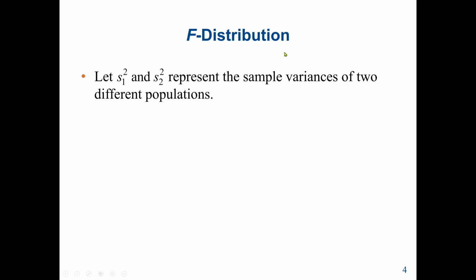So we start with the F distribution. Let S1 squared and S2 squared represent the sample variances of two different populations.